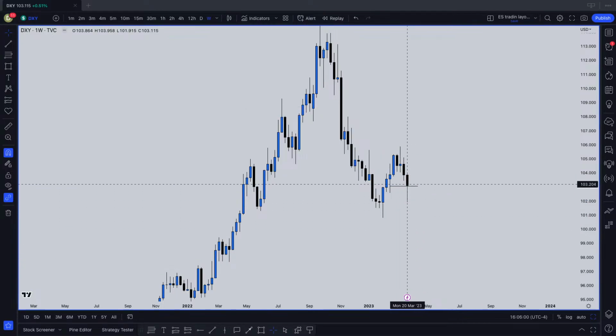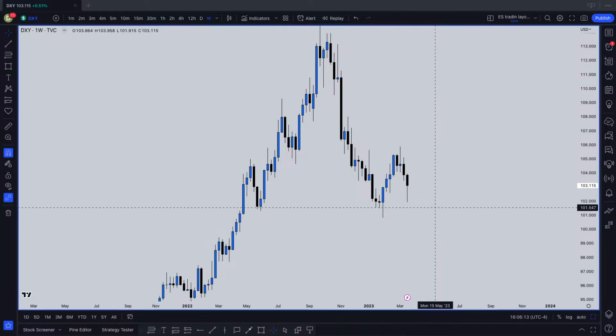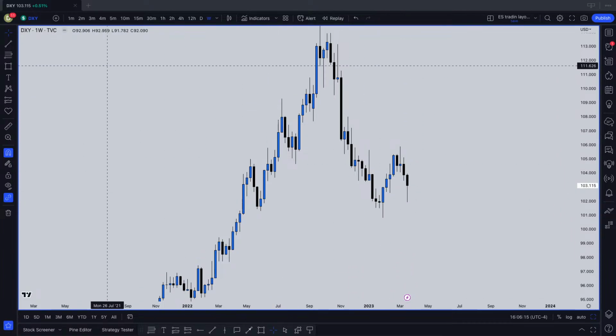And notice how the bodies of the candles closed above this key level. So we've closed above several key levels that we wouldn't want to see violated if we are going to expect continued bullishness.